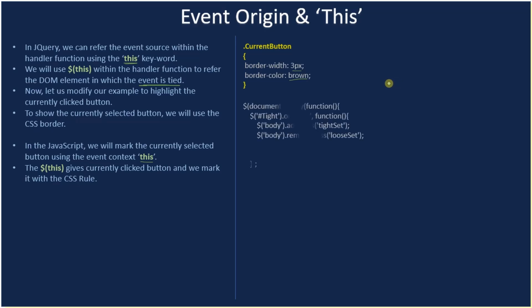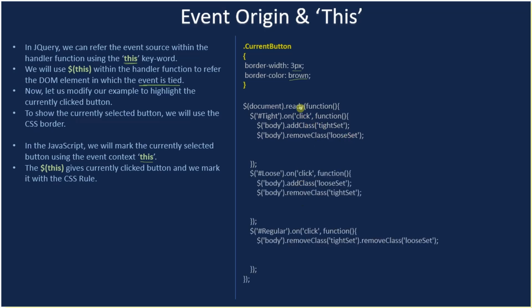And if you look here, $(document).ready function, and inside the ready we have $("#tight").click function, right? These are all the existing code taken from our previous video, and it is adding the class attribute tightSet, looseSet, right? On the same event, what we are doing here, there are 3 such events, right, from our previous code.